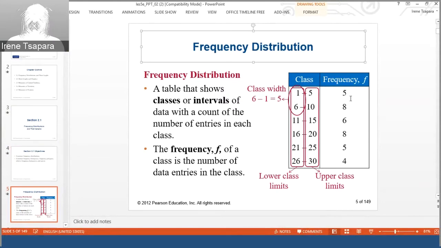We call them either classes, intervals, sub-ranges, or bins. It really depends on the software that you are working with, or if you're not working with software, the book that you are reading. The frequency F is the number of data points in each one of the classes.